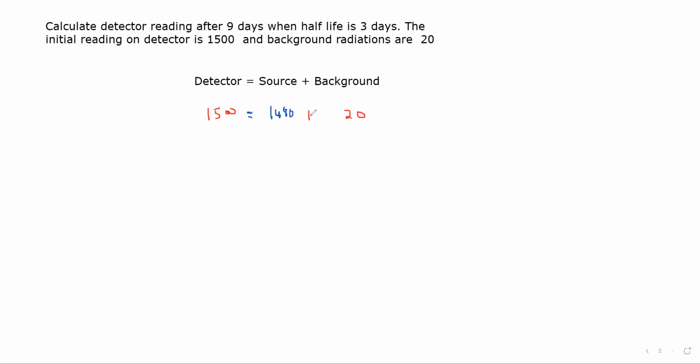Now, after a half-life, only the source radiation will change. So I don't have to do all the steps. I can just change the source radiation. After one half-life, meaning after 3 days, it will be 740. Then after a further 3 days, it will be 370.